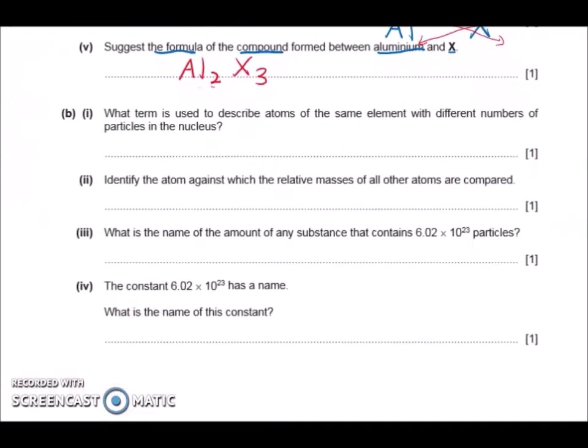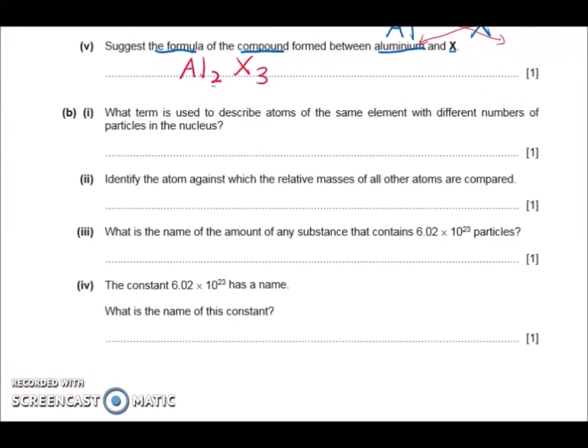Scroll down even further. Here we are with 1B. What term is used to describe atoms of the same element with different numbers of particles in the nucleus? We will call it isotopes.